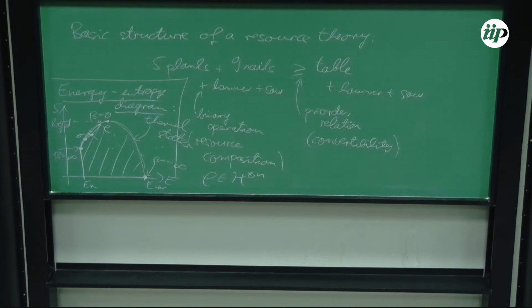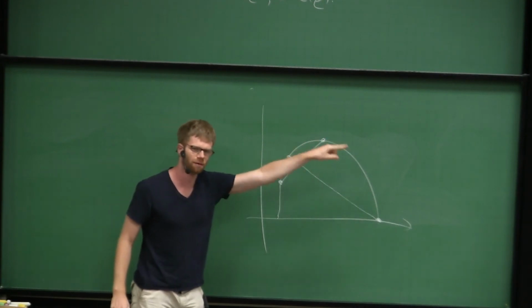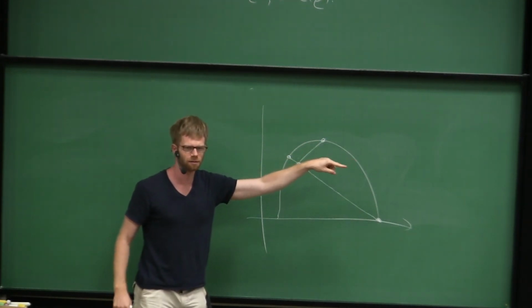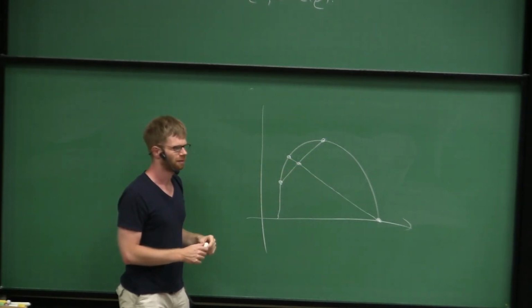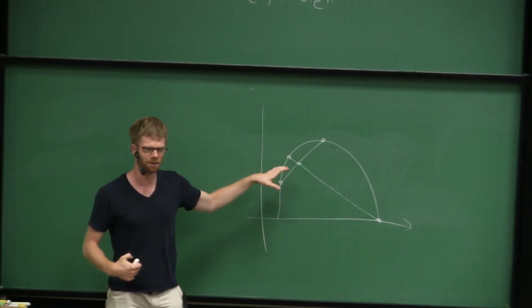Because of the theorem, if I take these two systems, the total composite state is this one. And if I take these two systems, the total composite state is this one. They're equivalent under energy-preserving unitaries. So this is secretly how a heat engine works.